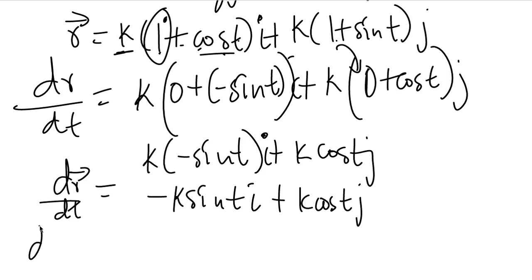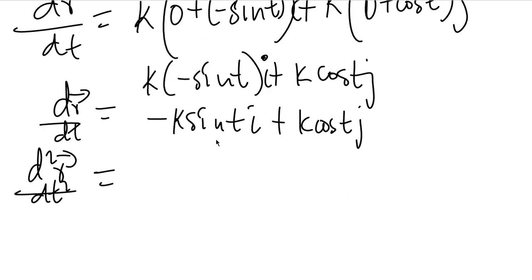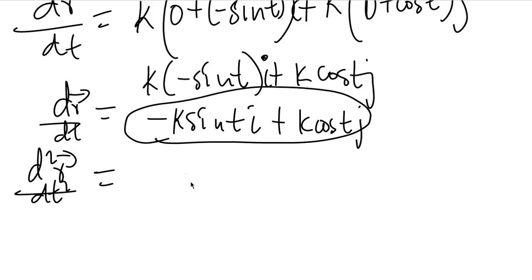Now if we're looking for d squared r over dt squared, which is the second derivative of the r function, we differentiate this and take out the constant. In this case it's negative k, and differentiating sin t gives cos t, and we attach the i.